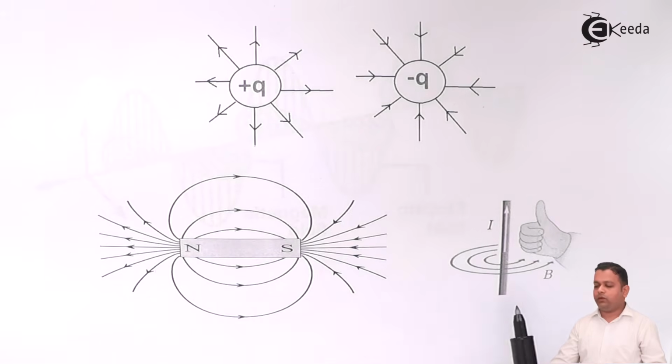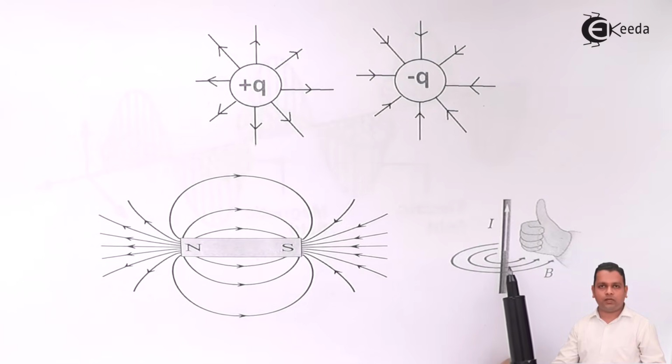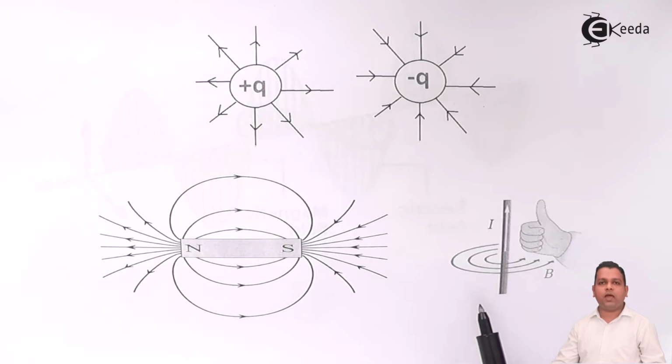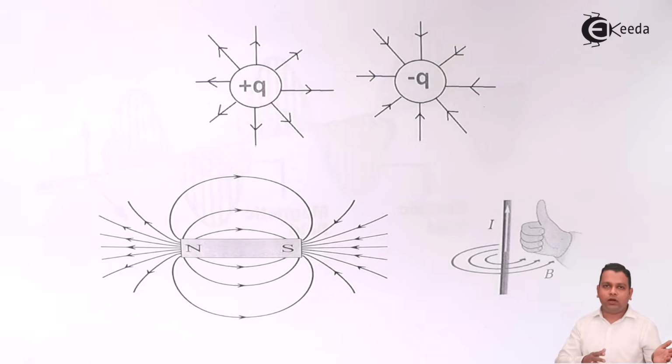In this diagram, an upright conductor is shown, with the current in the upward direction, surrounded by magnetic flux lines. The orientation of magnetic flux lines is always determined according to the right hand thumb rule. Thumb in the direction of current and the curled fingers give you the direction of magnetic flux. Now, these two examples have given us the scenario of electric field and magnetic field separately.